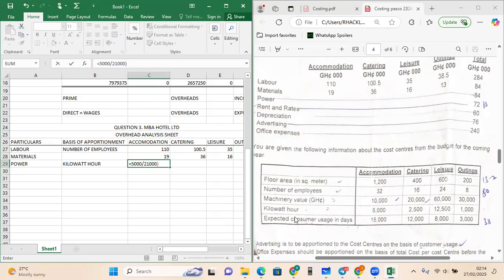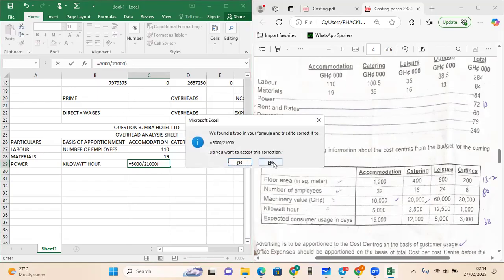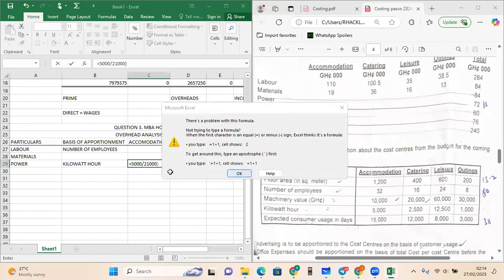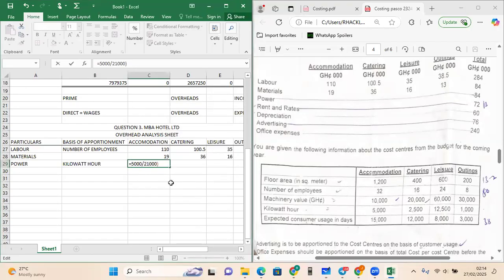Let's put it into brackets. Times the total for power, 64.